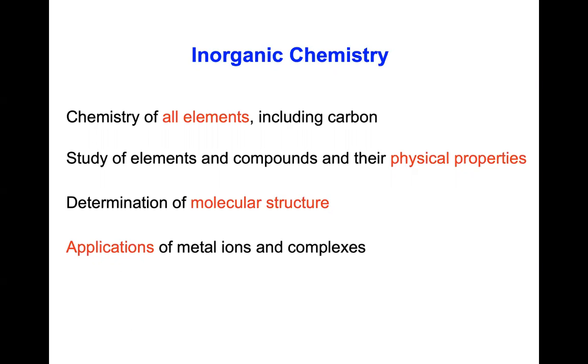So, for example, we can use inorganic solids as magnetic materials or as electronic materials. And in many cases, we use them as catalysts, or even we can use metal compounds as medicine. Okay, believe it or not.